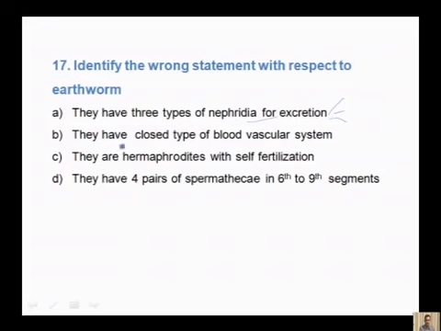Second one is they have closed type of blood vascular system. Yes, in earthworm you can see the closed circulatory system. Transportation takes place through the blood vessels. Option C, they are hermaphrodites with self-fertilization. This is the wrong statement, because in earthworm, yes, they are hermaphrodites.